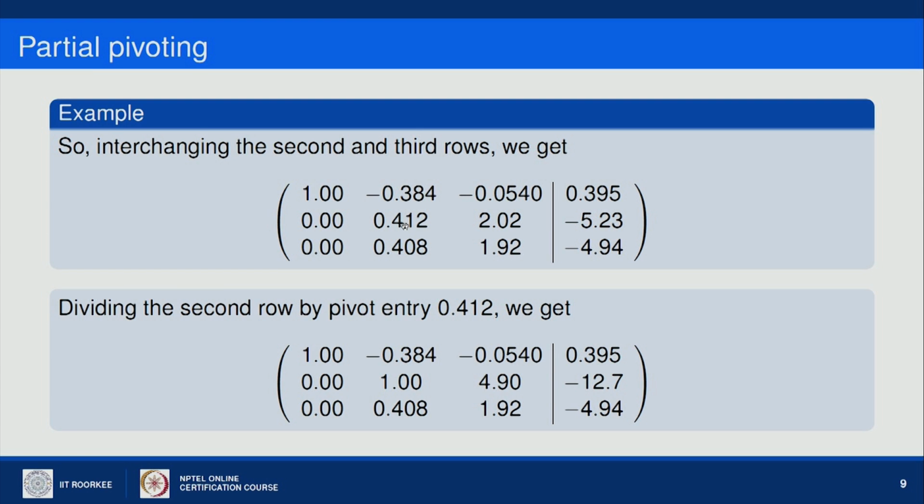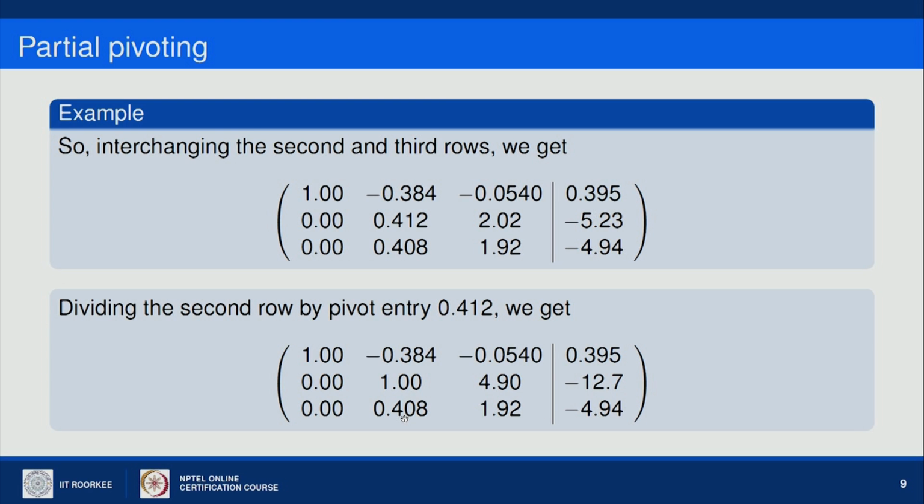Now, here to make this pivot entry 1 I need to divide the second row by 0.412. So, when I divide the second equation by 0.412 I get this augmented matrix. Here the pivot element is 1 and then again what I will do? I will make this element 0 with the help of this pivot element. So, what I need to do?